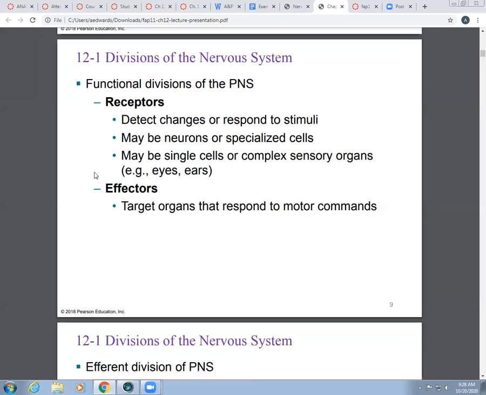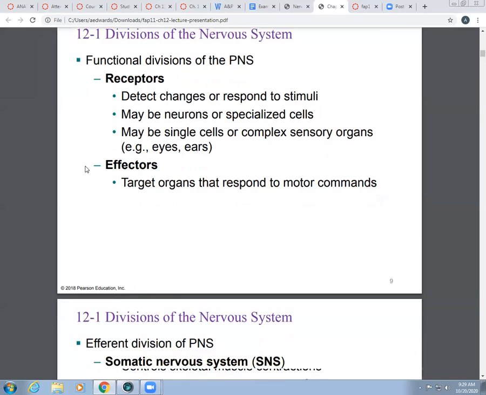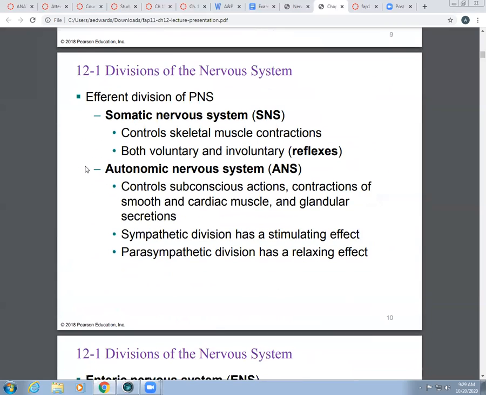The effector is essentially where the signal goes after it's been to the central nervous system. Okay. So basically information goes from the receptor to the central nervous system. Another signal goes from the central nervous system to the effector.